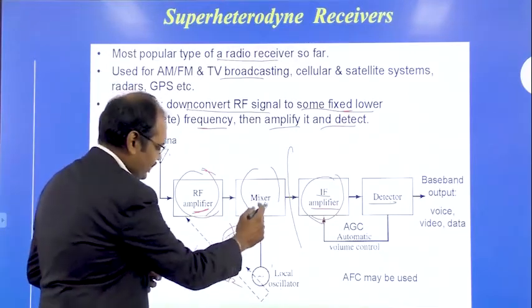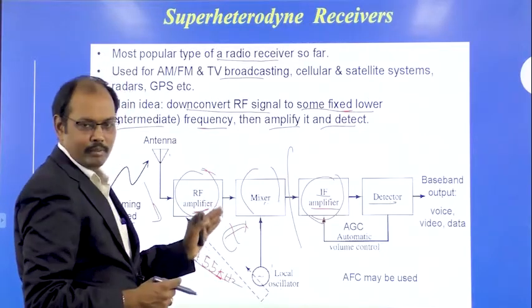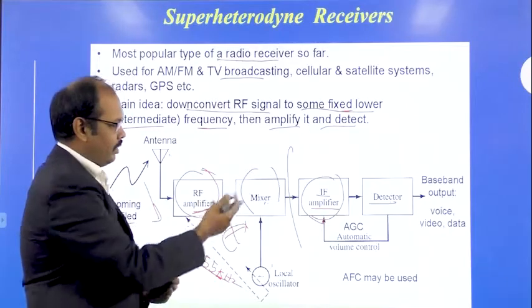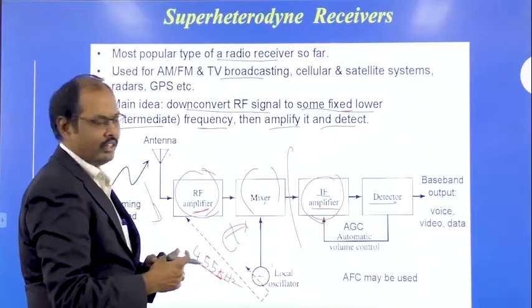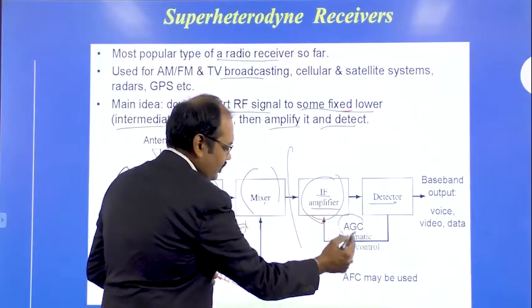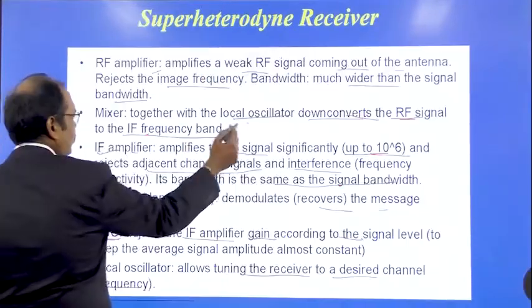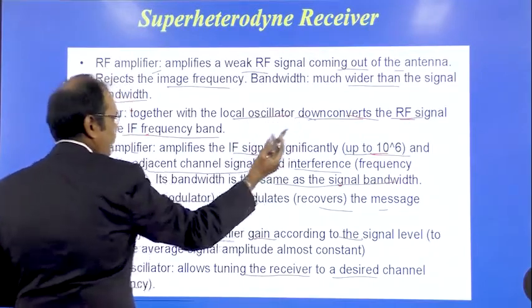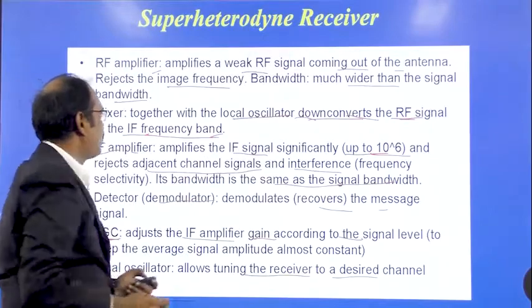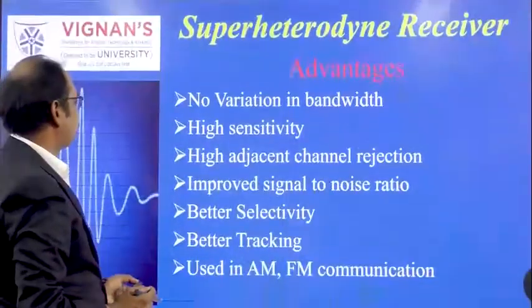Then this intermediate frequency will be amplified and given to the demodulator or detector. For automatic gain control, we will be using a circuit called AGC. So this is about your superheterodyne receiver.